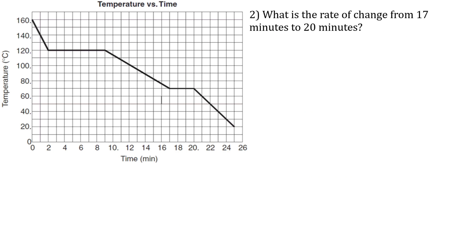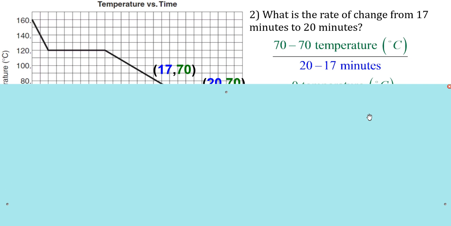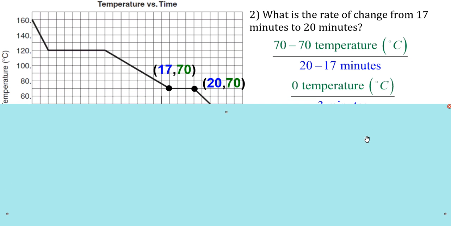Well, what about this one? What's the rate of change from 17 minutes to 20 minutes? Again, identify where they are in the graph. And the rate of change is always comparing the outputs, the dependent variable, to the inputs, the independent variable. So the change in the temperature to the change in the time.